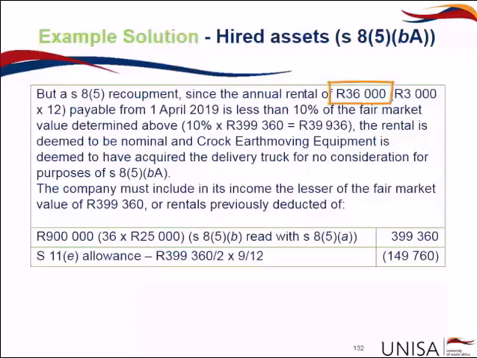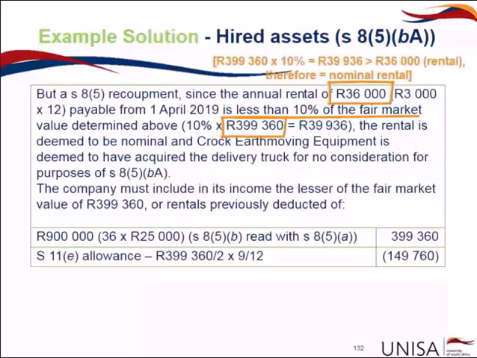If those rental payments are less than 10% of that deemed fair market value that we calculated, of the 399,360, then the rental is deemed to be nominal, and therefore Croc will be deemed to have acquired the delivery truck for no consideration for purposes of Section 8.5.